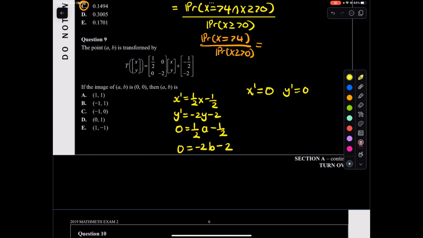Solving for A and B, so A will equal 1, and B will equal negative 1. So your actual answer is just 1 to negative 1. Looks like an easier answer for that one. Is that right? Have I done any mistake?